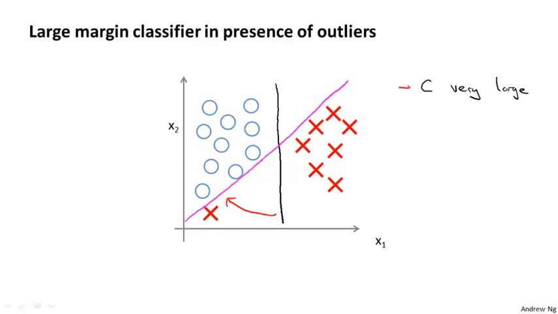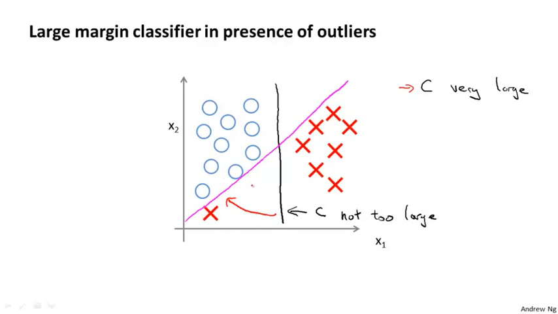So if the regularization parameter C were very large, then this is actually what the SVM will do. It'll change the decision boundary from the black to the magenta one. But if C were reasonably small, or if you were to use C not too large, then you still end up with this black decision boundary.